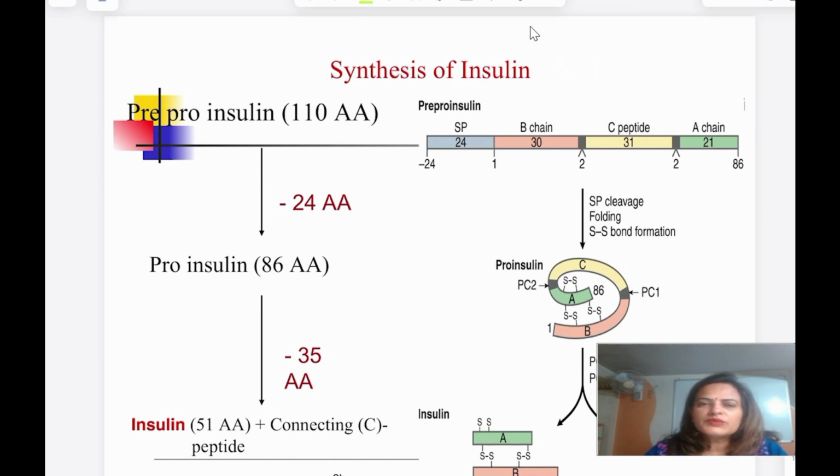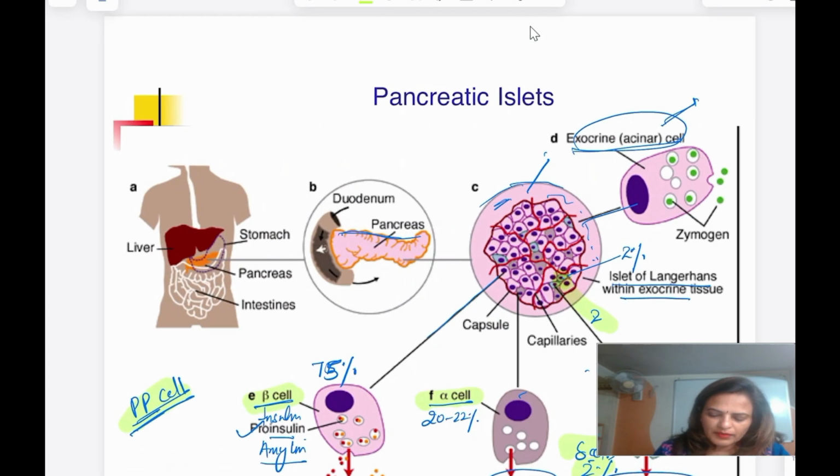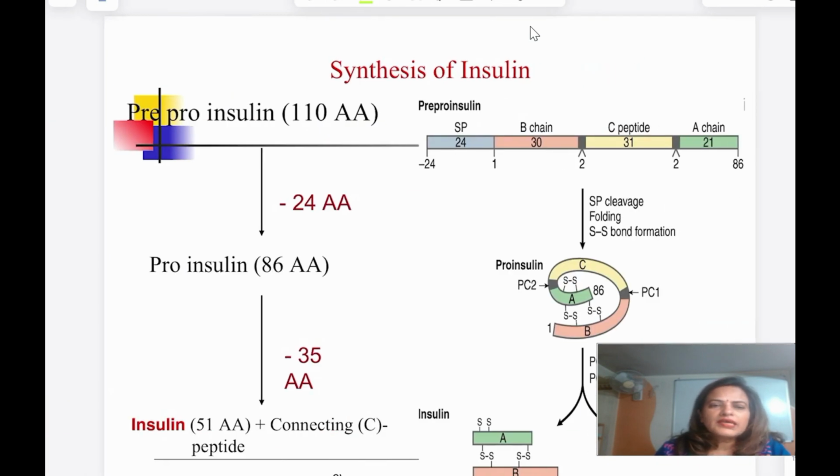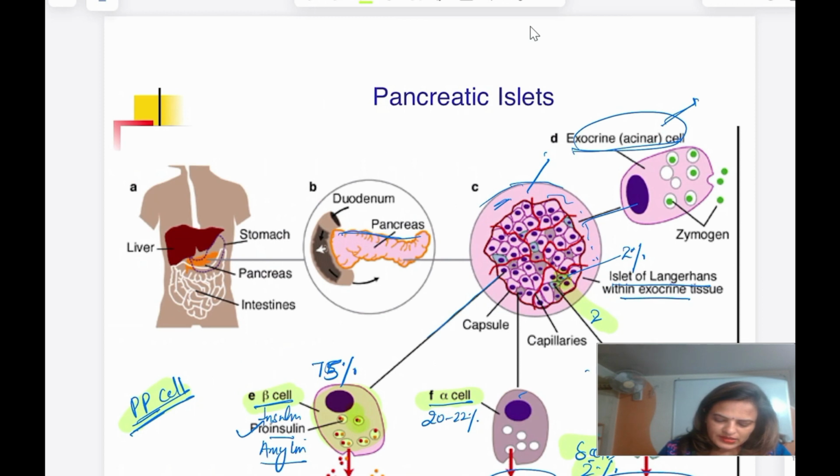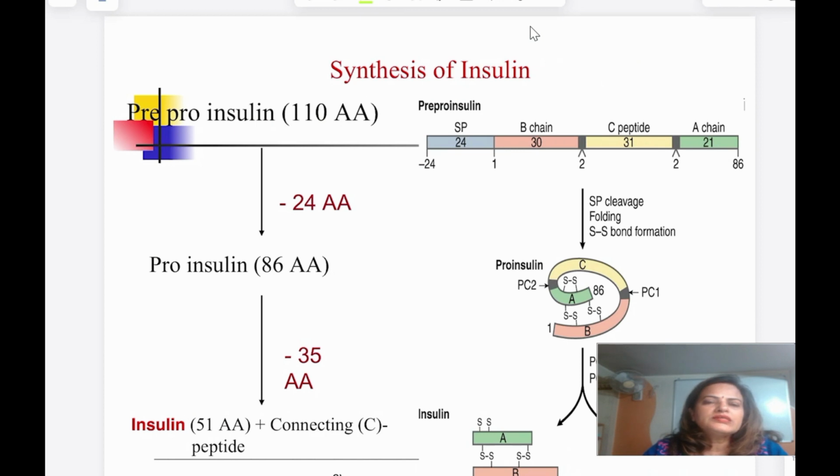Now how is this insulin synthesized within this cell? From the beta cell, what is coming? Insulin, C peptide and proinsulin, all the three. So how is this insulin synthesized within the beta cell?